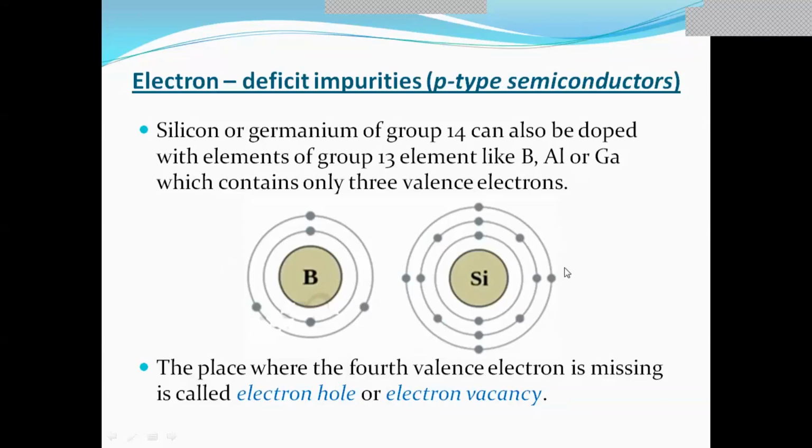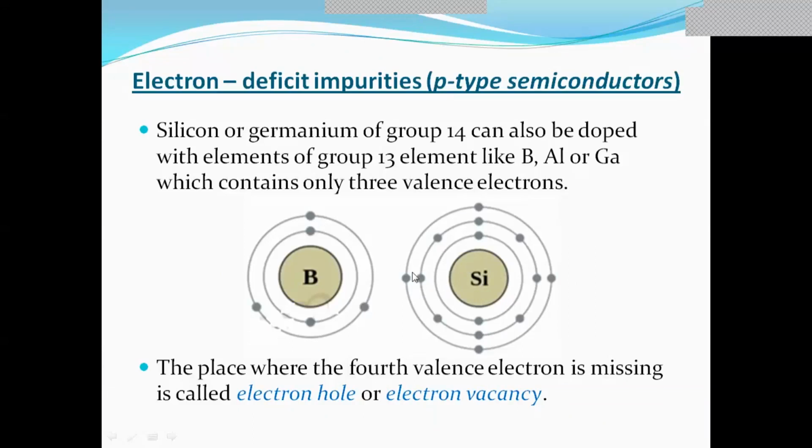As you have seen in the earlier picture, a few silicon atoms are replaced by boron, and boron tries to form bonds with neighboring silicon atoms, but it can only form 3 bonds with neighboring silicons. What about the fourth bond?